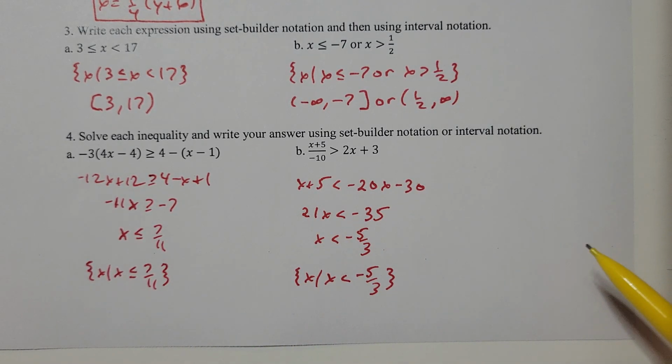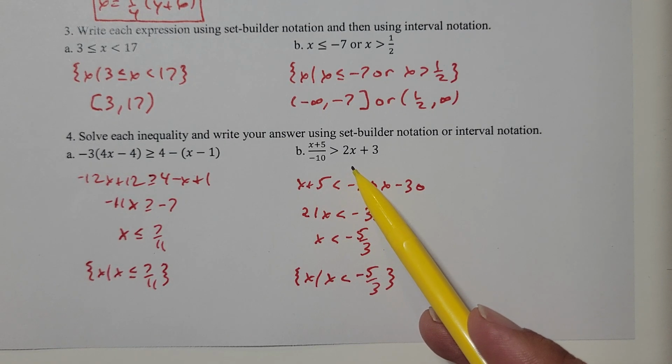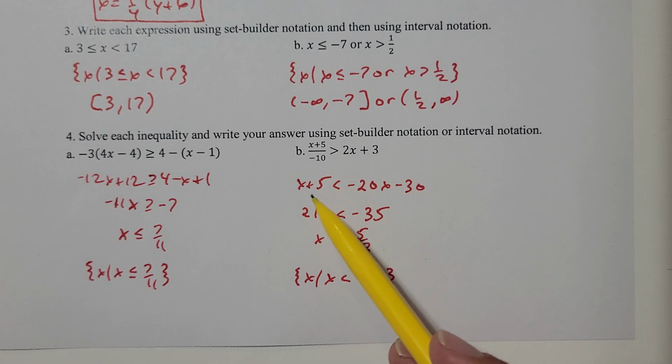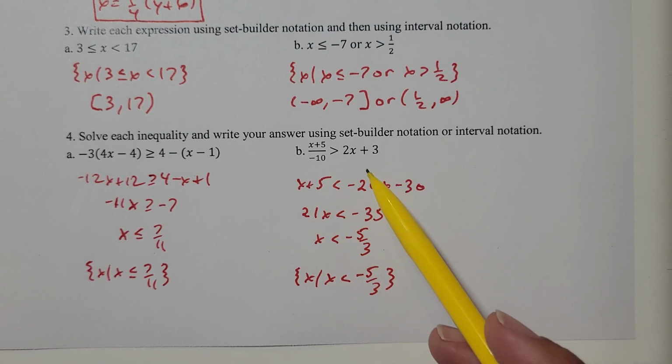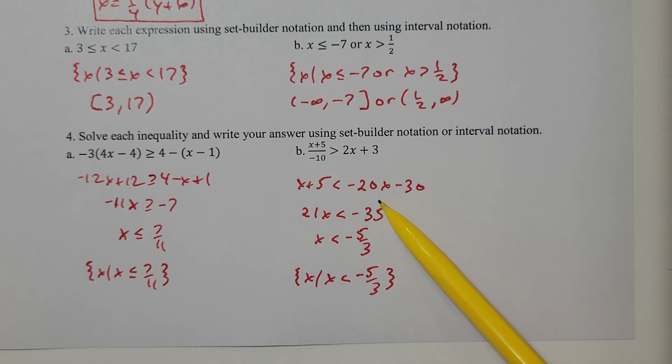Part B, we want to solve this inequality. Let's begin by multiplying both sides by -10. We'll have x plus 5 on the left, and then -10 times 2x plus 3, that'd be -20x minus 30.